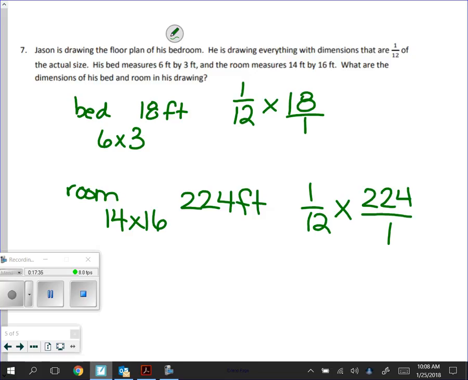So I see what Nardo did, and he just did 1/12 of 6, 1/12 of 3, 1/12 of 14, and 1/12 of 16. So I see where some people did both, where they did, you know, like the area of both, and then like the area of the full measurement or the area of the dimensions.